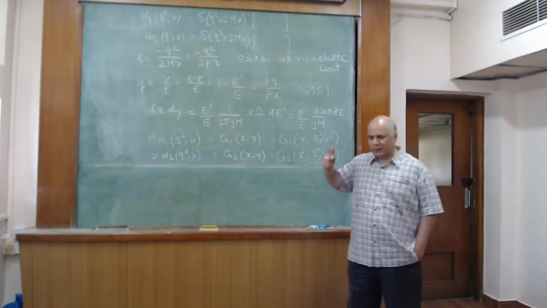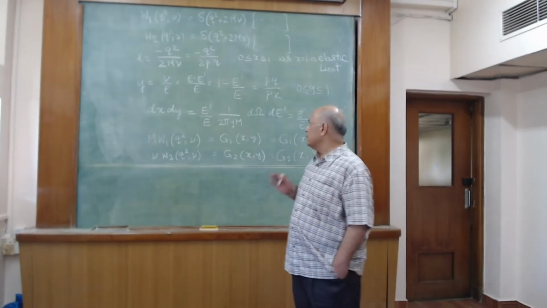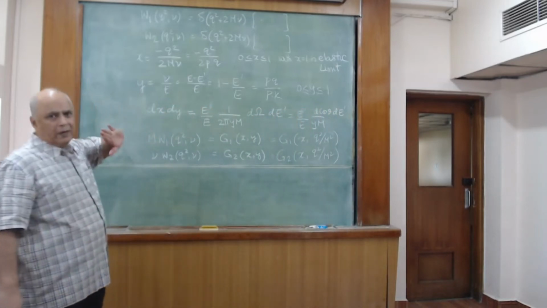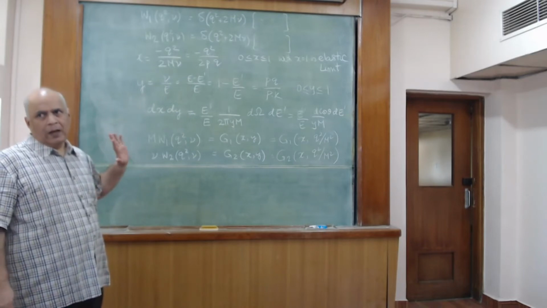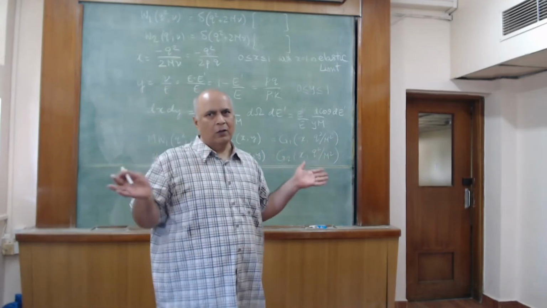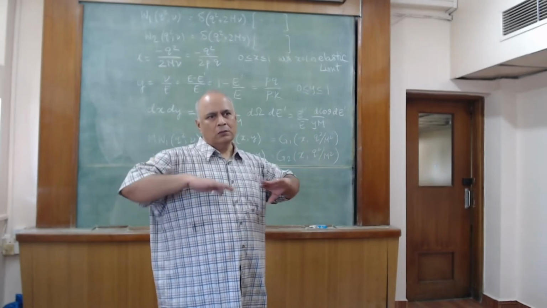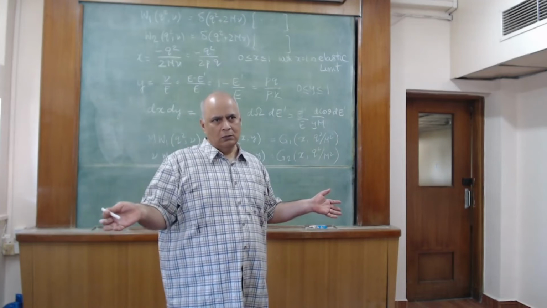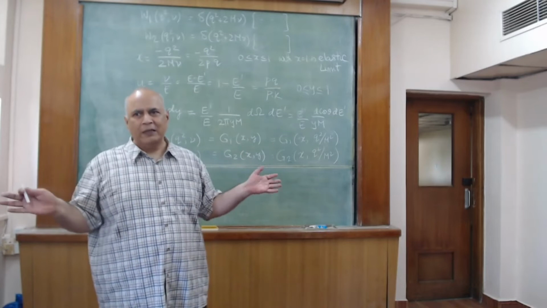Mathematically the whole thing is consistent. The reason being that I have two variables E prime and theta, and my cross section depends on E prime and theta, and I can use any two other variables which have different dependencies on E prime and theta.